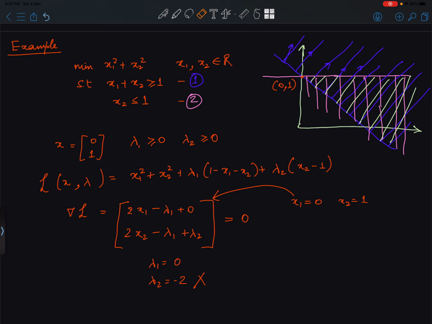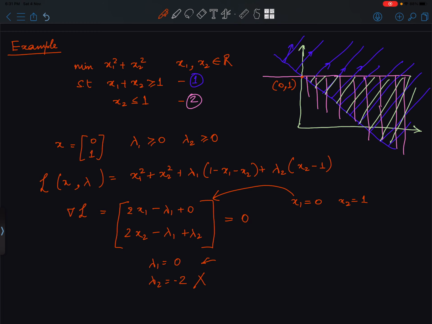Now let me assume that this means both the constraints are not active.